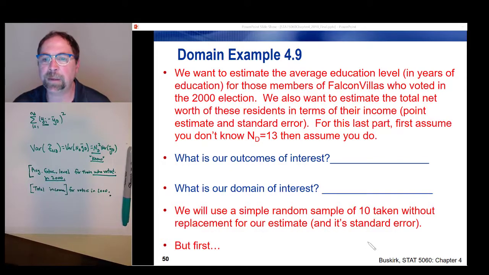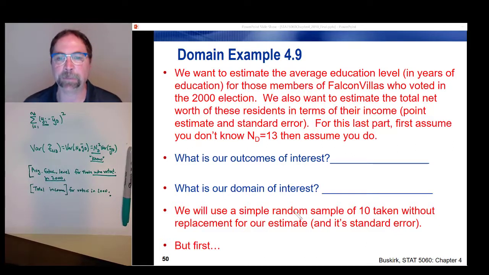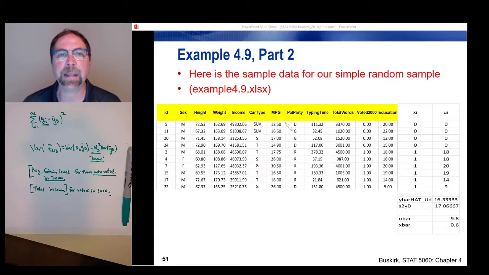We're going to use a simple random sample of size 10 taken without replacement for our estimate. So before we do this, let's figure out our sample. You can find this sample file in example 4.9.xlsx in the datasets folder, as well as in the course notes folder. This is just the sample that I drew.